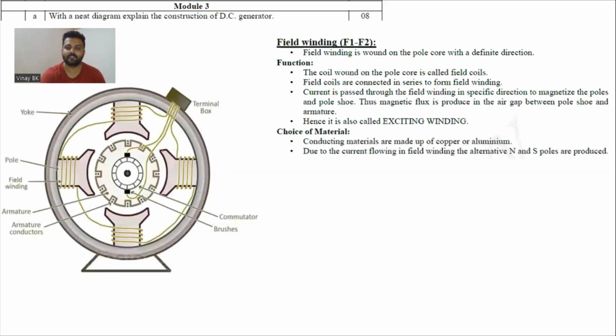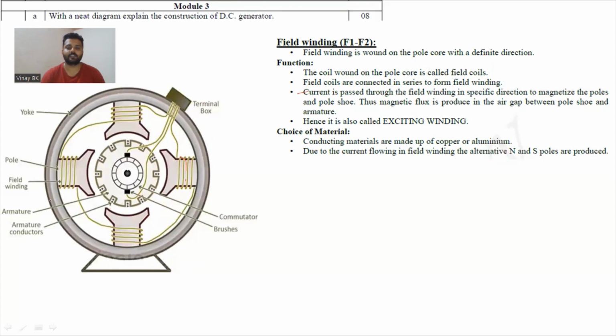Similarly, the next part is the field winding. You can see the field winding, which is wound on the pole core of the DC machine, so that once the supply is given, the pole core acts as an electromagnet and produces electromagnetic flux. The coil wound on the pole core is called the field coil, and these field coils are connected in series to form one field winding.